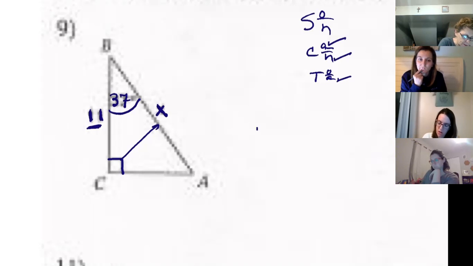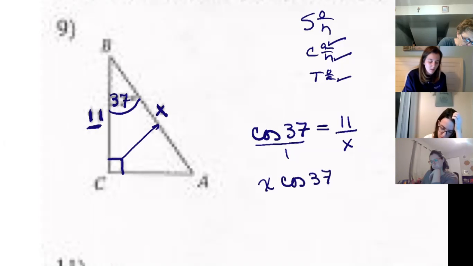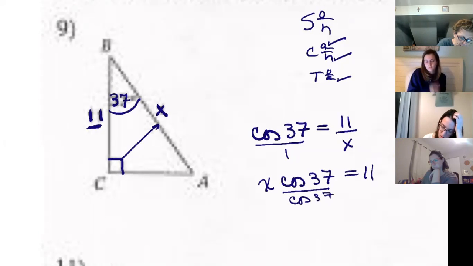So I'm going to say the cosine of 37 degrees equals adjacent 11 over X. So you're just going to use straight up trig, no inverses. So envision this over 1 so that you can justify doing cross products. So this is X times the cosine of 37 equals 11. And so I want to get X by itself, divide both sides by the cosine of 37.